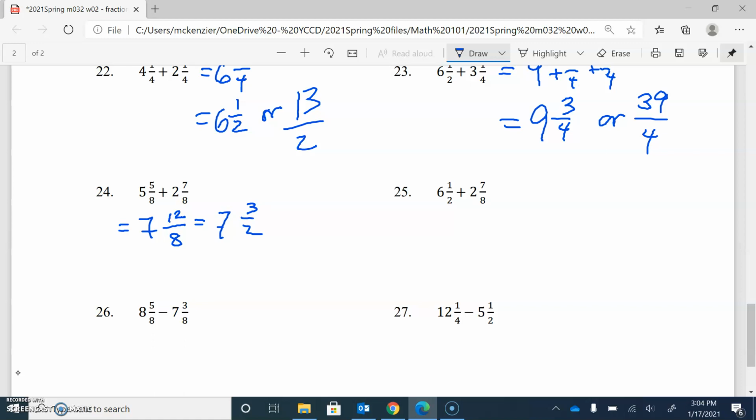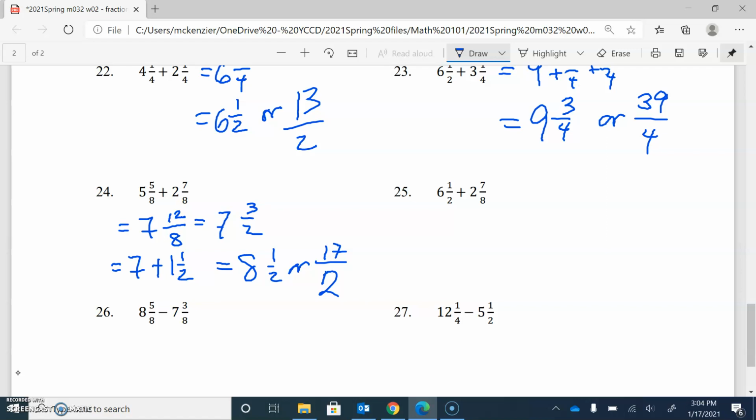But then that 3/2, that should be 1.5 as a mixed number. And we need to switch that into a mixed number because we actually needed to carry that 1 to the 7. And our best answer is 8.5, or 17 halves as an improper fraction.